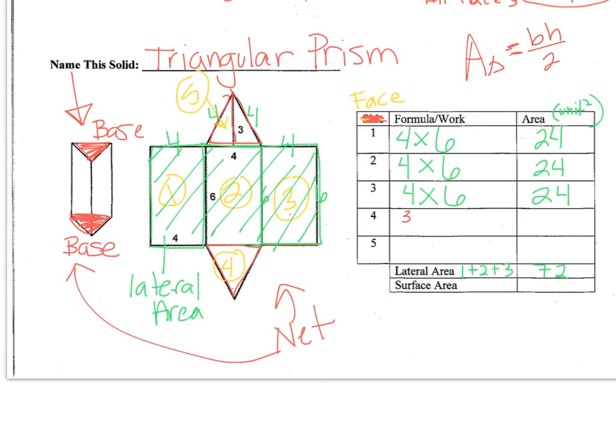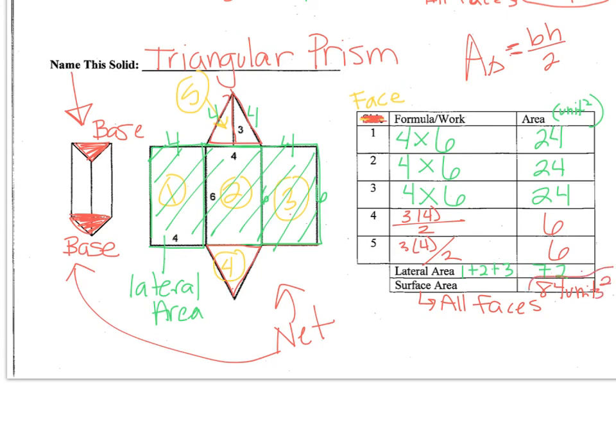So 3 times 4 divided by 2, half of 12 is 6. Same thing for this one. 3 times 4 divided by 2 is 6. So surface area is going to be all faces. So lateral plus those bottom 12 would give me 84 units squared.